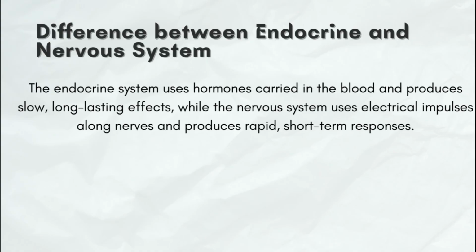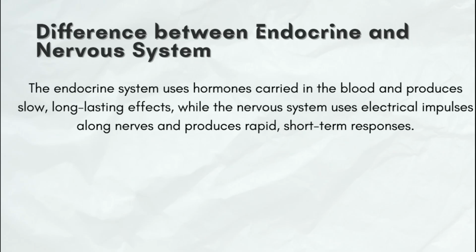Neurotransmitters are the chemical messengers in the nervous system, and in the endocrine system, hormones are the chemical messengers. The endocrine system uses glands, while the nervous system uses nerve impulses to transmit the message along the nerves. The nervous system is also a lot faster.